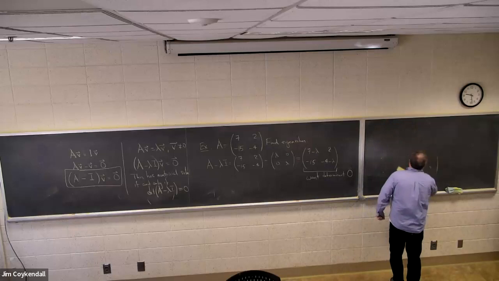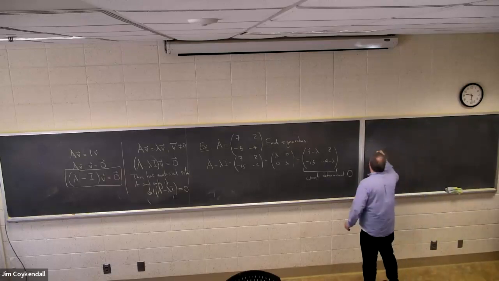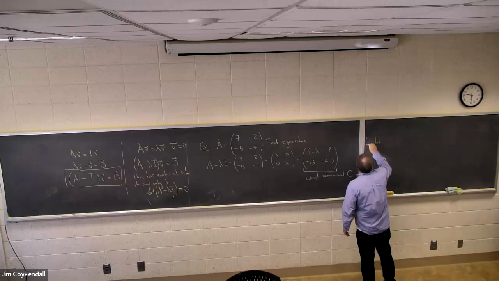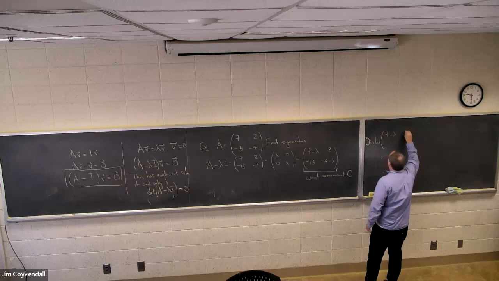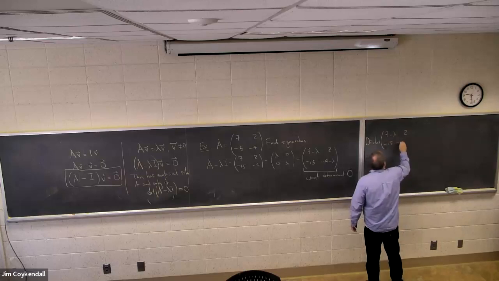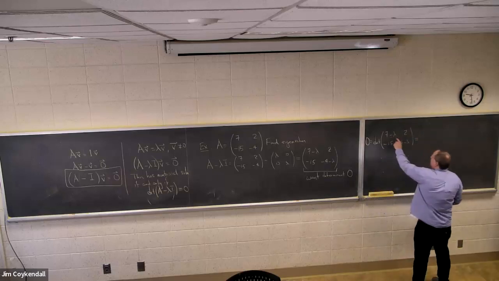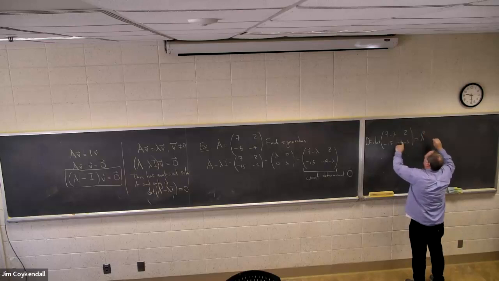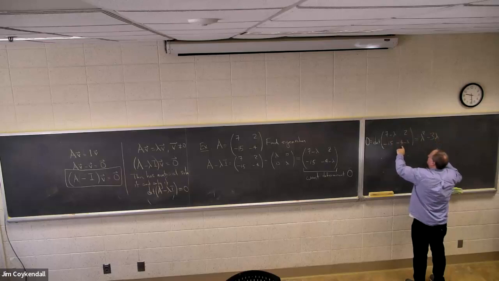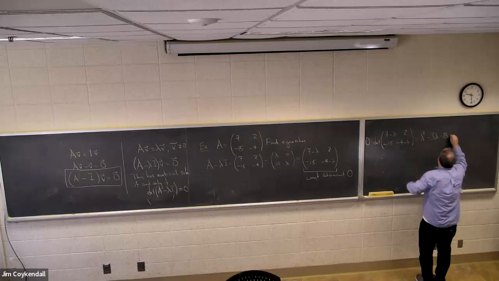So check it out. Let's multiply this out. We know how to do a determinant. This is lambda squared minus 7 lambda plus 4 lambda is 3 lambda, minus 28 plus 30.